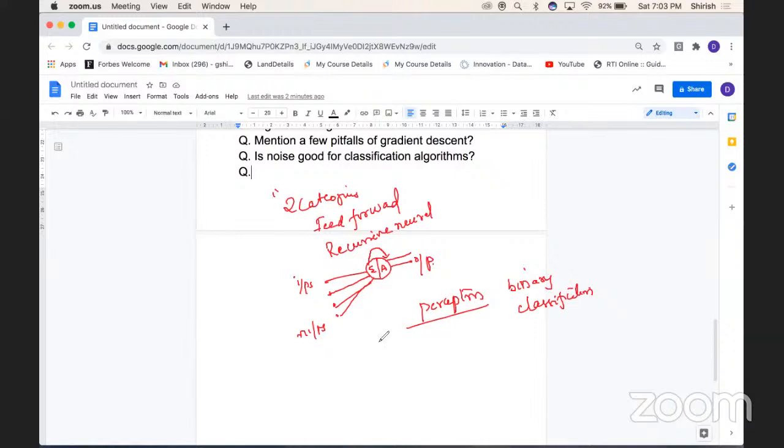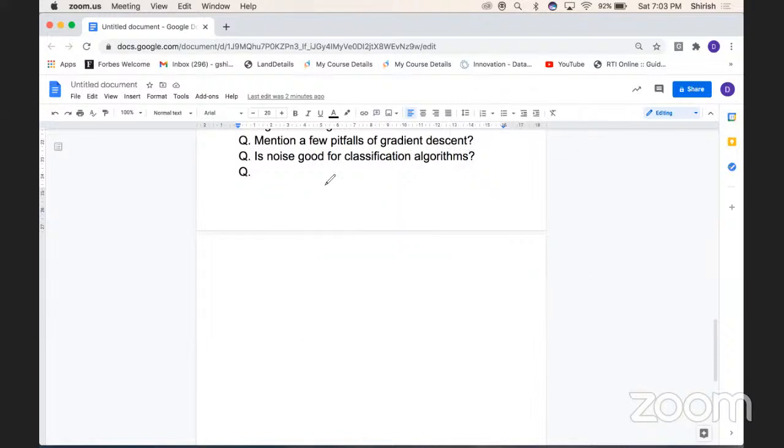If I draw, this becomes my perceptron. Now, if I make it into a normal multi-layer neural network, I have a structure like this. Each input is connected to hidden layers, right?